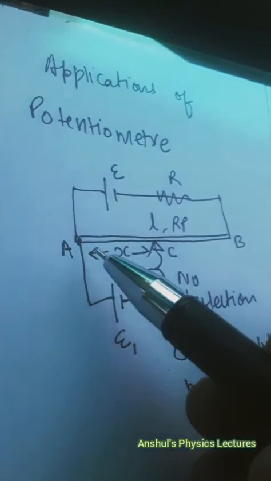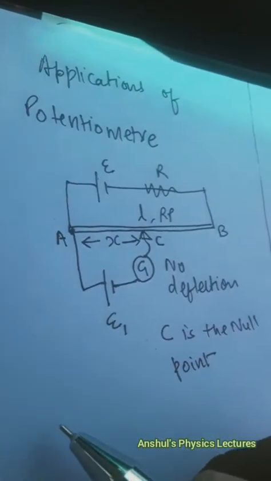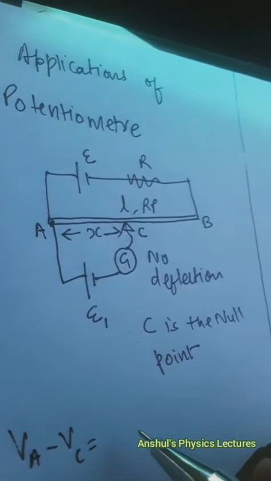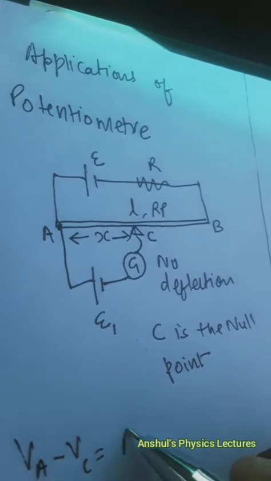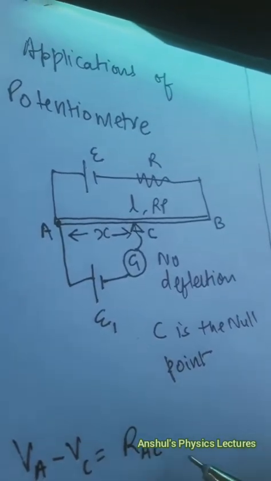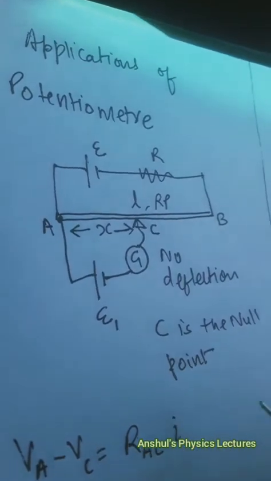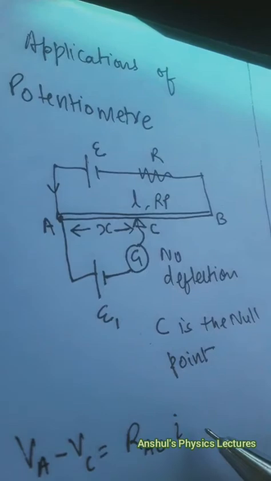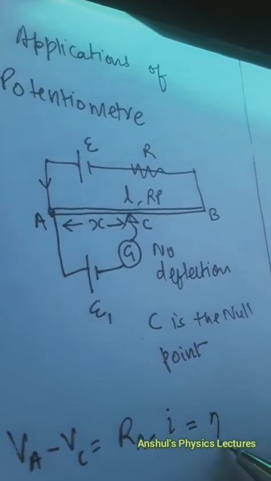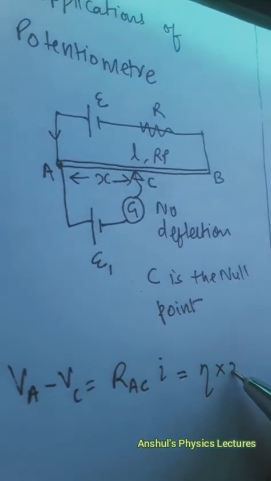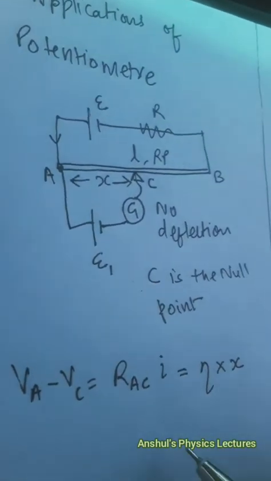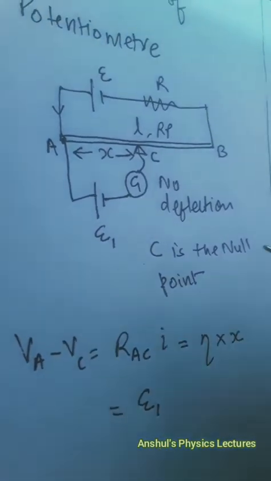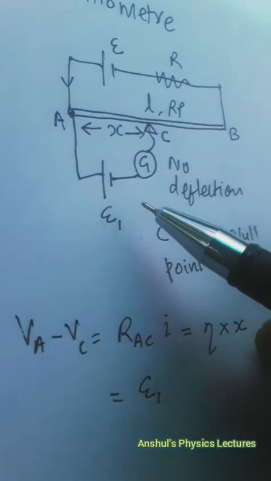So if we consider points A and C, I want to write the potential difference between A and C. So VA minus VC will be equal to resistance of length AC times current drawn from the cell, or potential gradient times balancing length, that is also equal to EMF E1 of the cell, whose EMF is to be found.